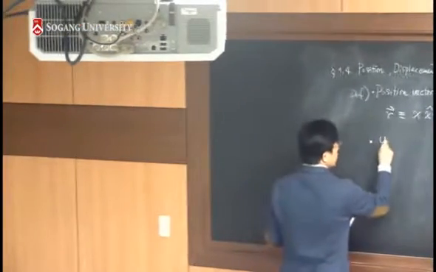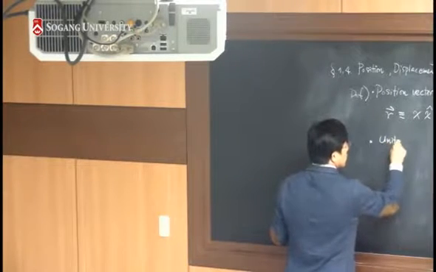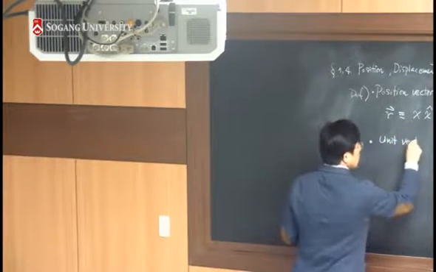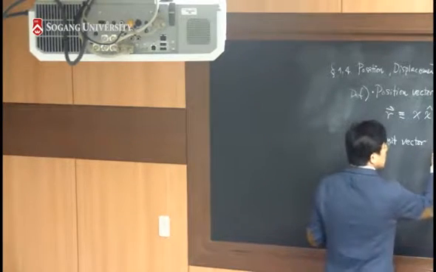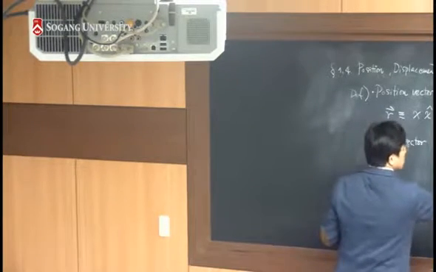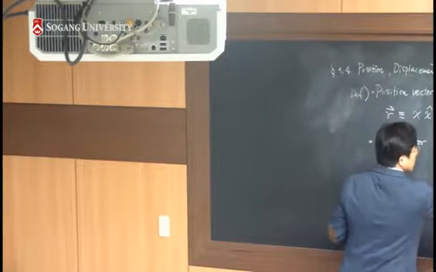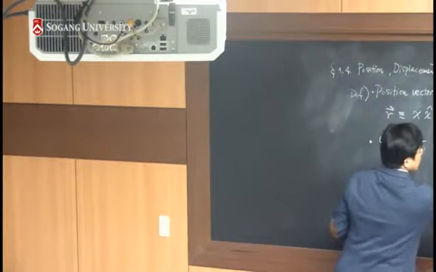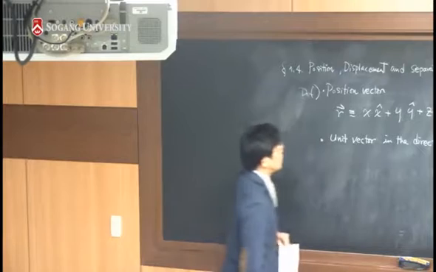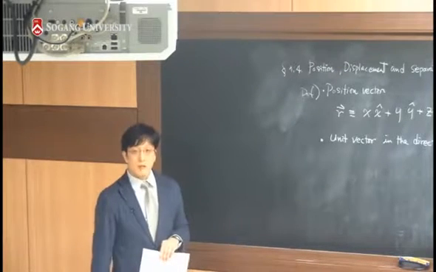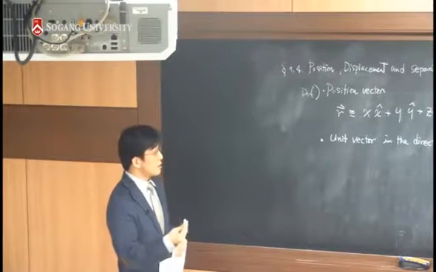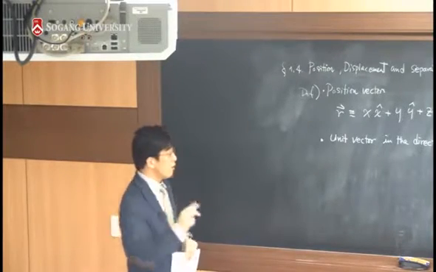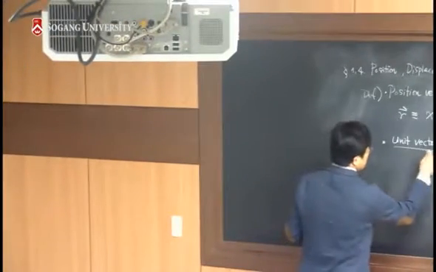So, the unit vector in the direction, which means what is the direction of a position vector while its magnitude is 1, is given as a unit vector.